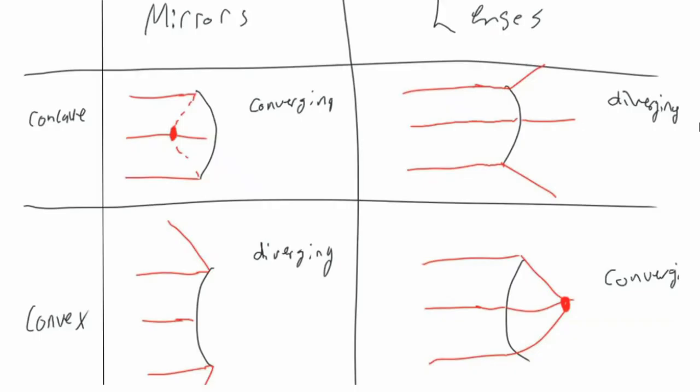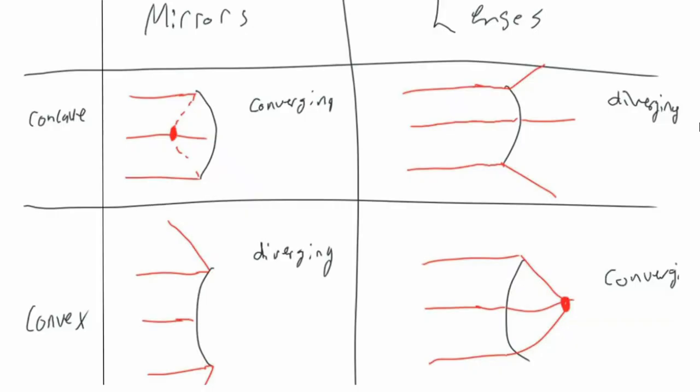Just a little chart to remember what concave and convex goes with when we're thinking about mirrors and lenses. For mirrors, the concave mirror is converging, but for lenses, the concave lens is diverging. For convex mirrors, that's the diverging one, but for convex lenses, that's the converging one.